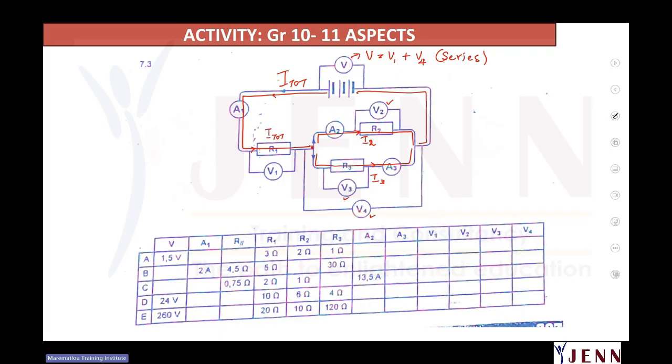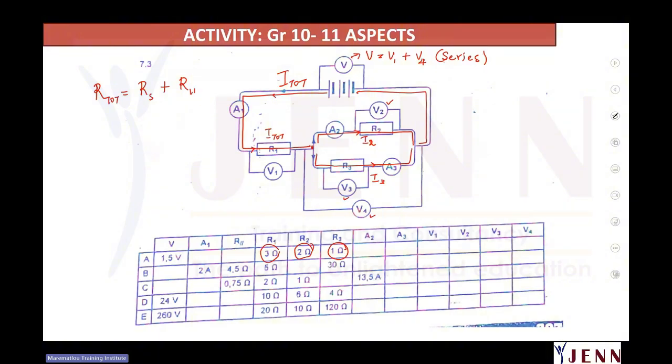Because if I know the reading in R1, the reading in R2, and the reading in R3, I can calculate the effective resistance of the whole circuit. R total will be the resistance in series plus the resistance in parallel.